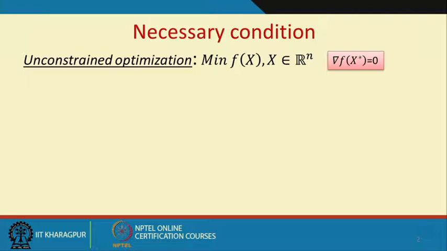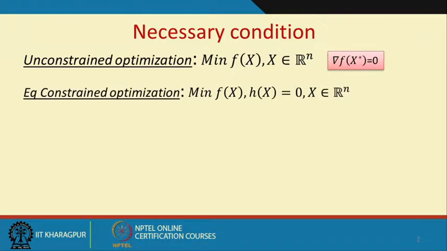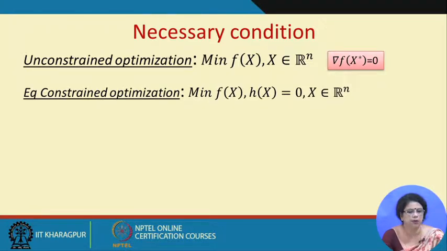Now, we know that if we consider an unconstrained optimization problem, minimization of f(x), the necessary condition is that the gradient of f(x) at the optimal point must be equal to 0. This is for the unconstrained optimization, but if we consider the equality constraint optimization problem, we need to find the Lagrangian function.